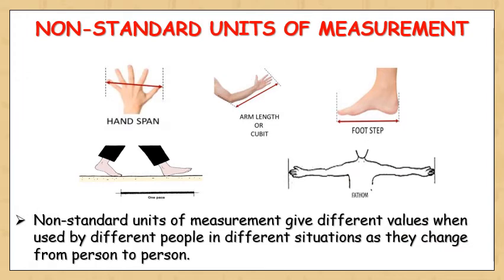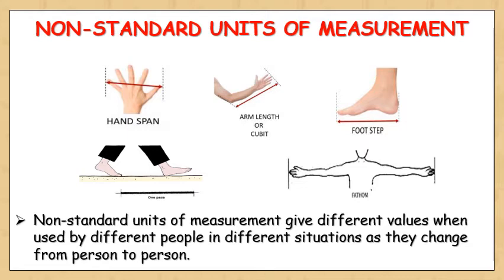Now first we will study about non-standard units of measurement. You know that in earlier times people used different body parts such as arms, hand and foot as the units for measuring length. Some of them are still in use at some places.